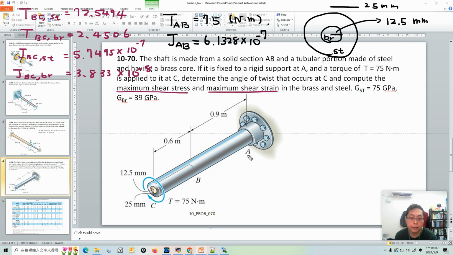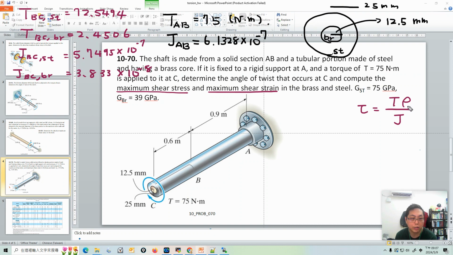In a torque loaded member, what's the shear stress formula? It's equal to Tc over J, or T rho over J. J is the polar moment of area, T is the torque, and rho is the distance from the center.